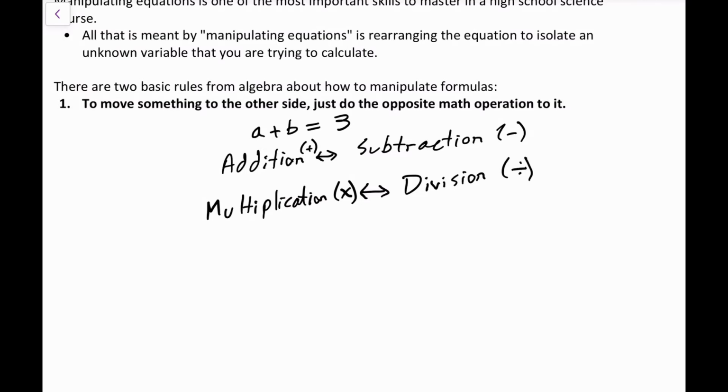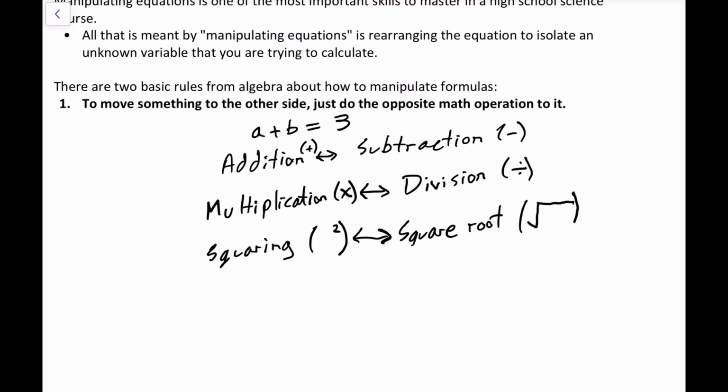The other major math operation that you will quite often see in your high school science courses is taking the square of something, or squaring, basically putting something to the second power. The opposite of this is taking the square root. We'll see an example below where we use all of these operations.